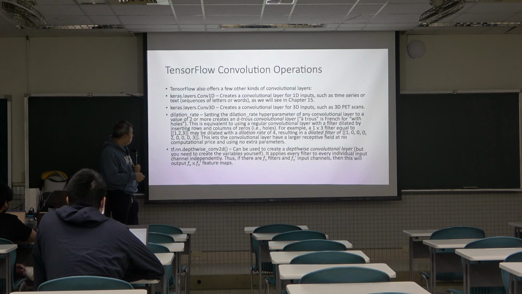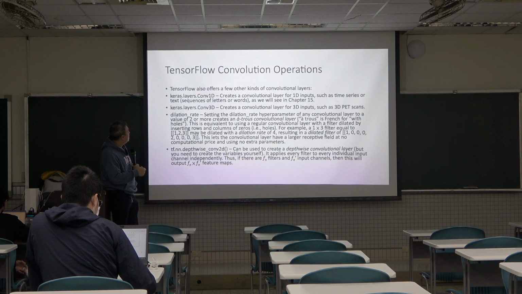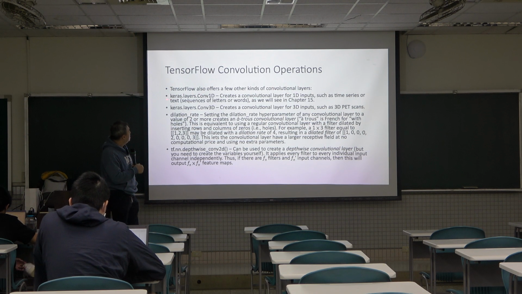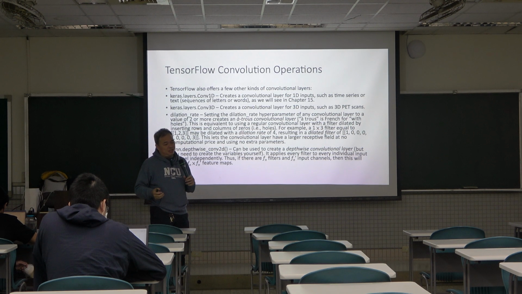So anyway, the last slide. Let me finish this last slide. TensorFlow offers a few other kinds of convolutional layers, such as keras.layers.Conv1D or Conv3D. From the name you can tell it is dealing with a convolutional layer for one-dimensional or three-dimensional data.